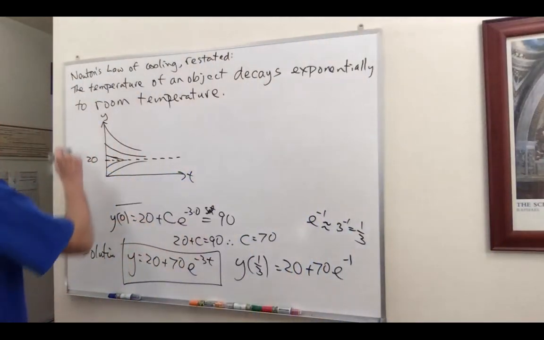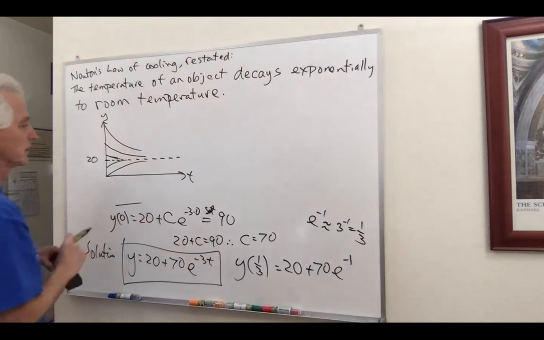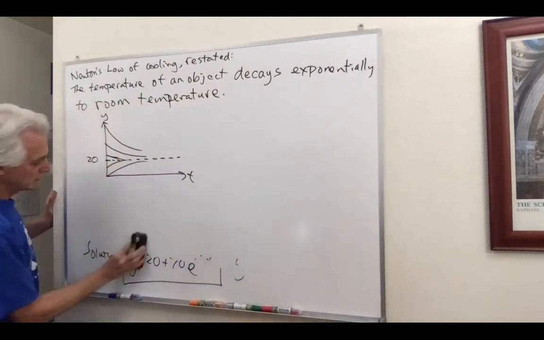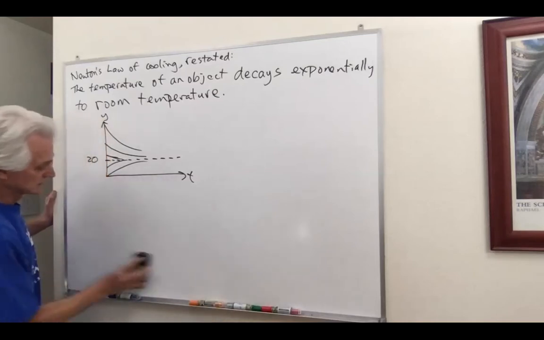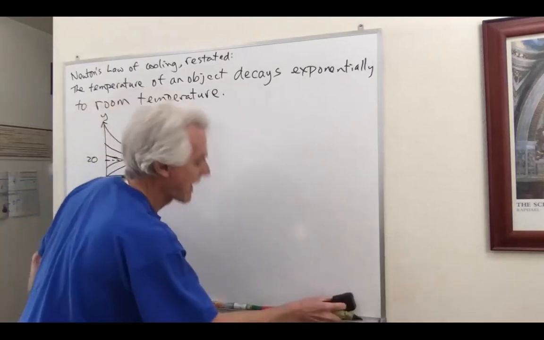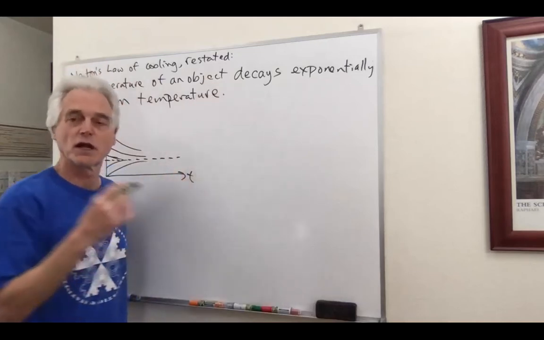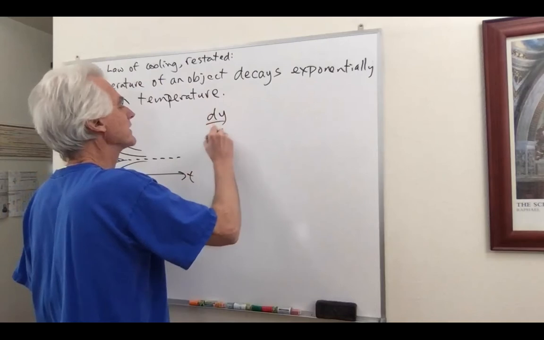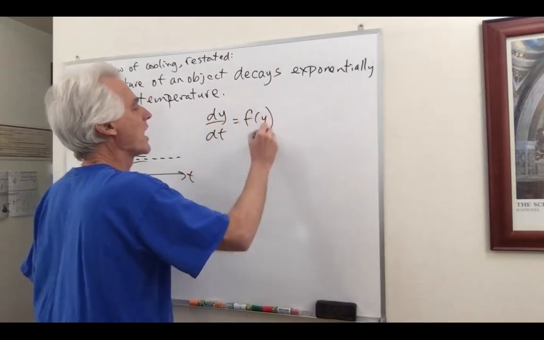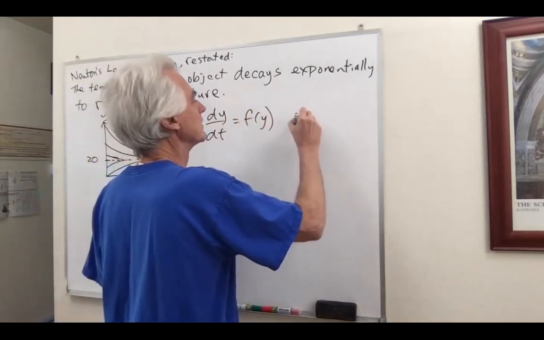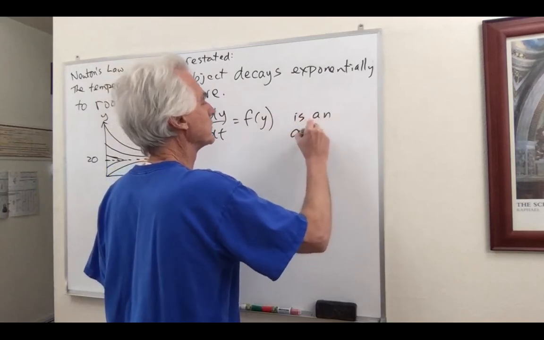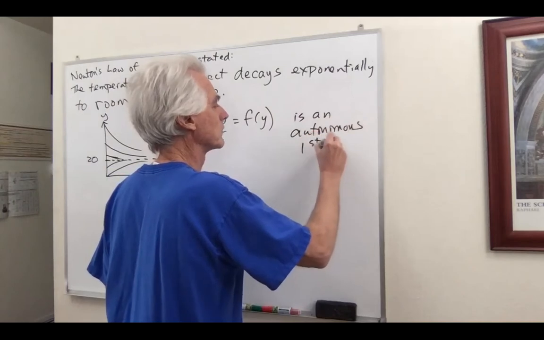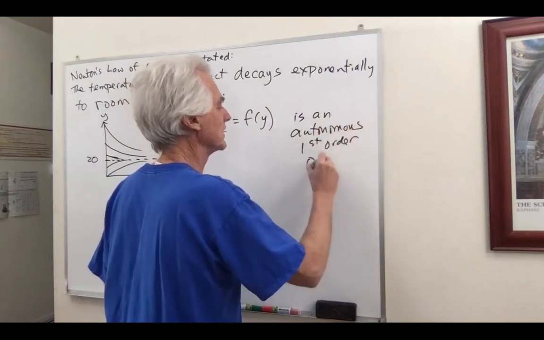So let's think of another way of doing this. Now there's this other set, which was how to solve something like, these are autonomous equations. Something like this, dy dt is f of y. This is an autonomous first order ODE.